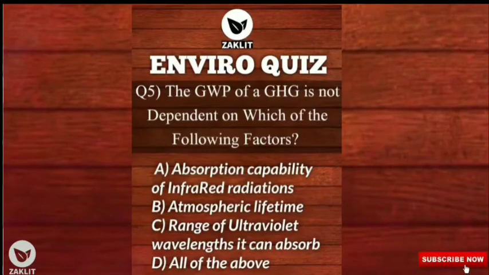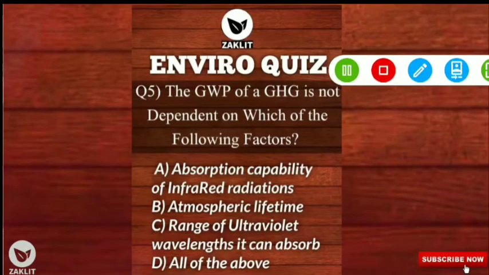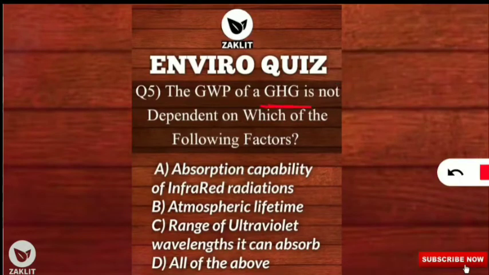The final question was, the global warming potential, that is GWP, of a greenhouse gas is not dependent on which of the following factors, and here the correct option will be option number C. Yes, because the factors on which the global warming potential of a greenhouse gas depends are the absorption capability of that greenhouse gas for infrared radiation.